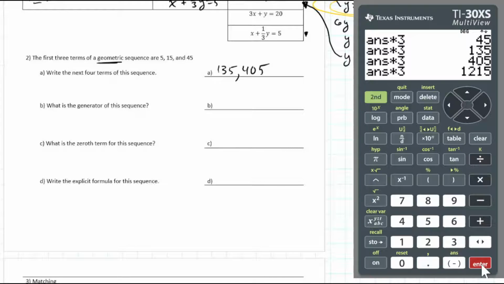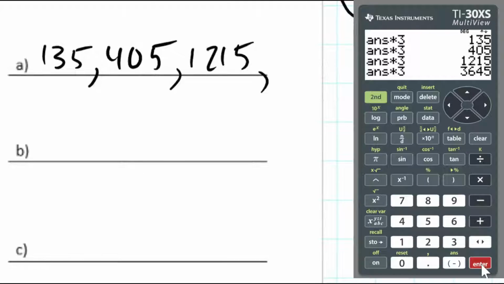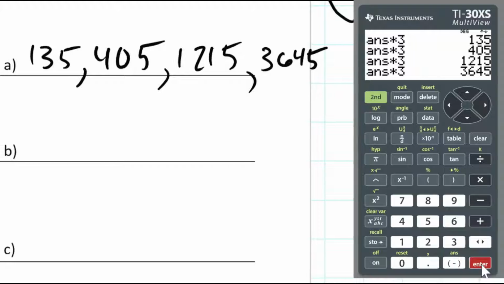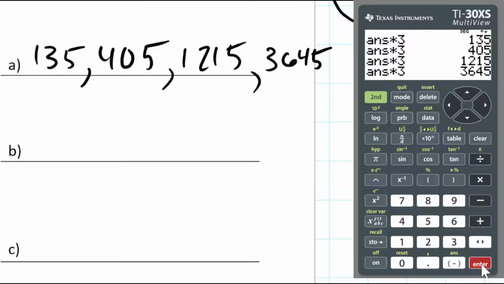Multiply by 3 again, we get 1,215. Then the last value multiplied by 3 gives me 3,645. So those are the next 4 values in the sequence, and I got them by continuing this pattern of multiplying by 3.